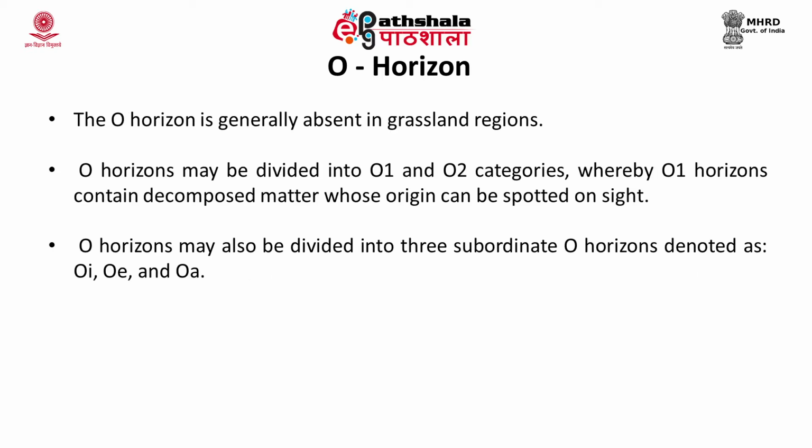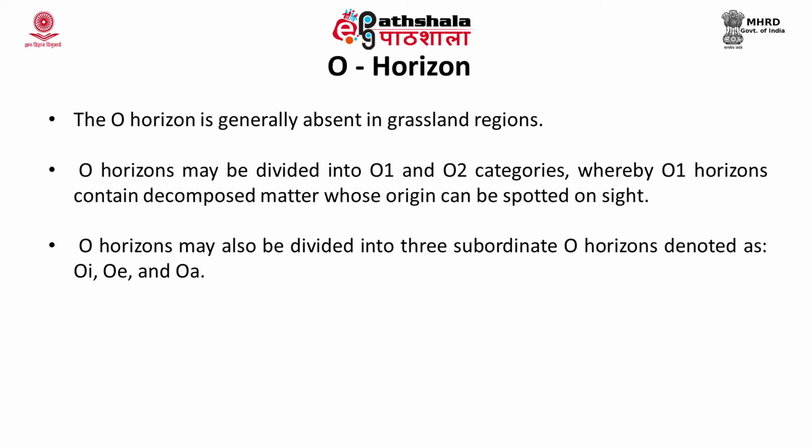The O horizon is generally absent in grassland regions. The O horizon usually occurs in forest areas and is commonly referred to as the forest floor. The O horizon should be considered distinct from the layer of leaf litter covering mainly heavily vegetated areas, which contains no weathered mineral particles and is not part of soil itself.